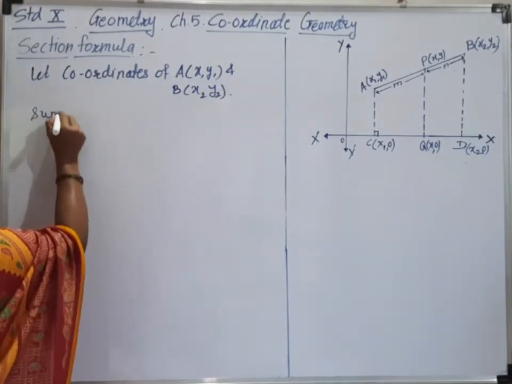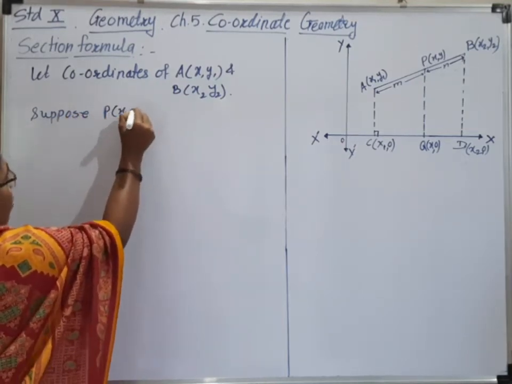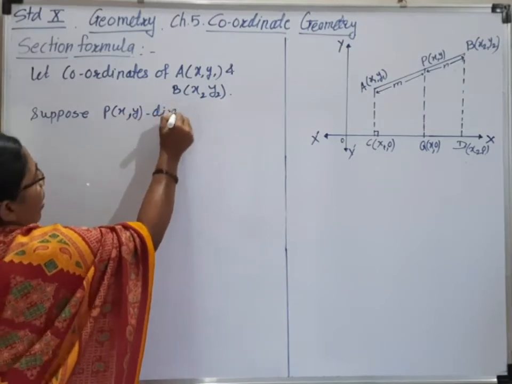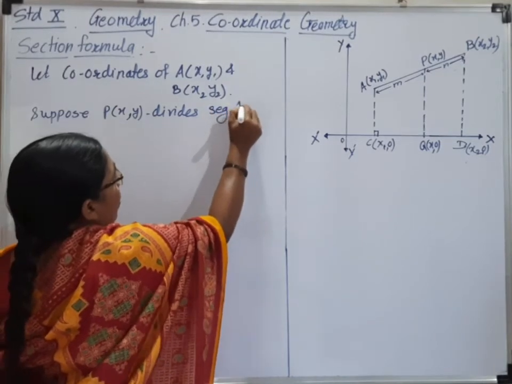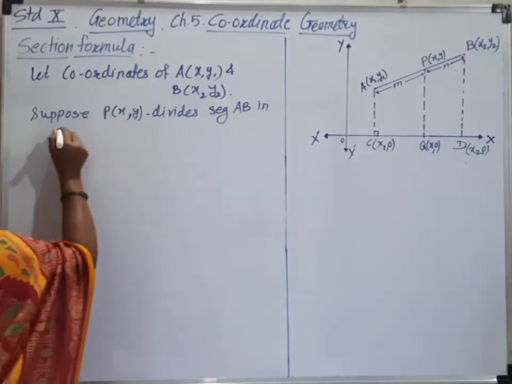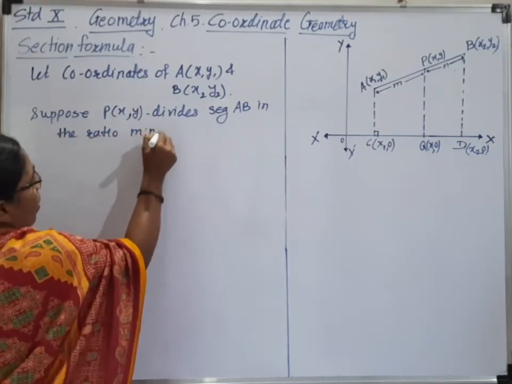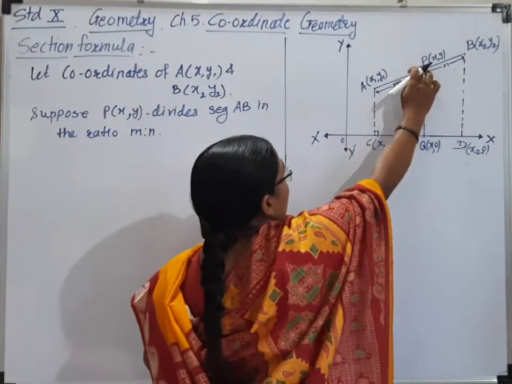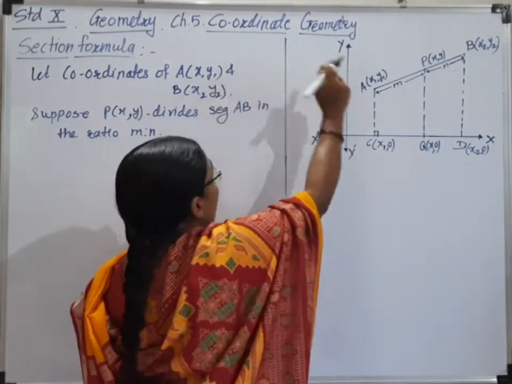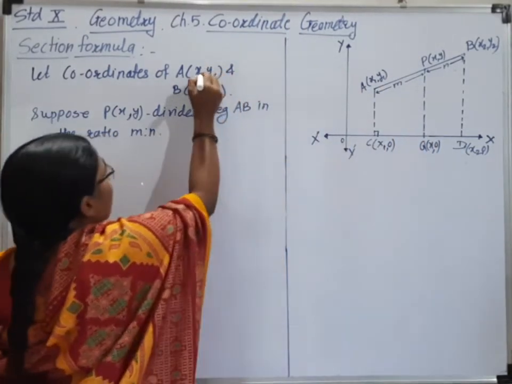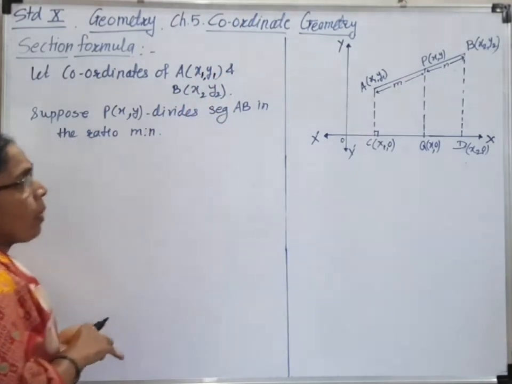Suppose P divides segment AB in the ratio M is to N. You can see here this P divides this segment AB in the ratio M is to N, and the coordinates of A are x1, y1 and the coordinates of B are x2, y2.